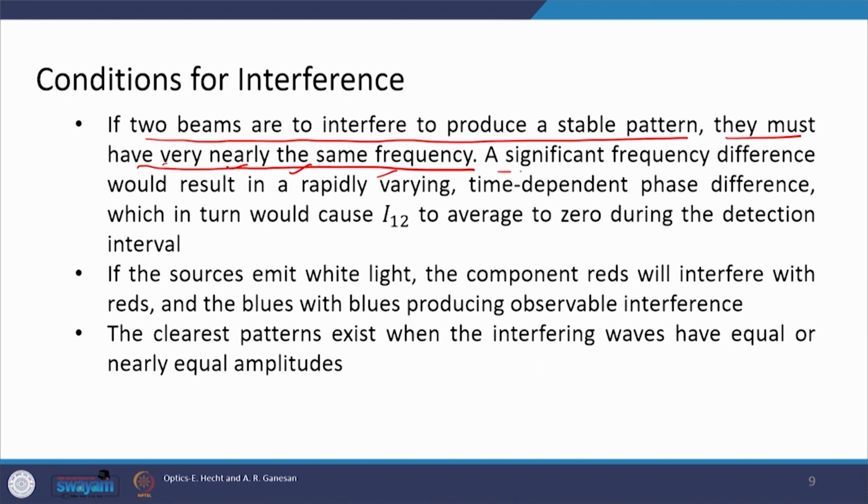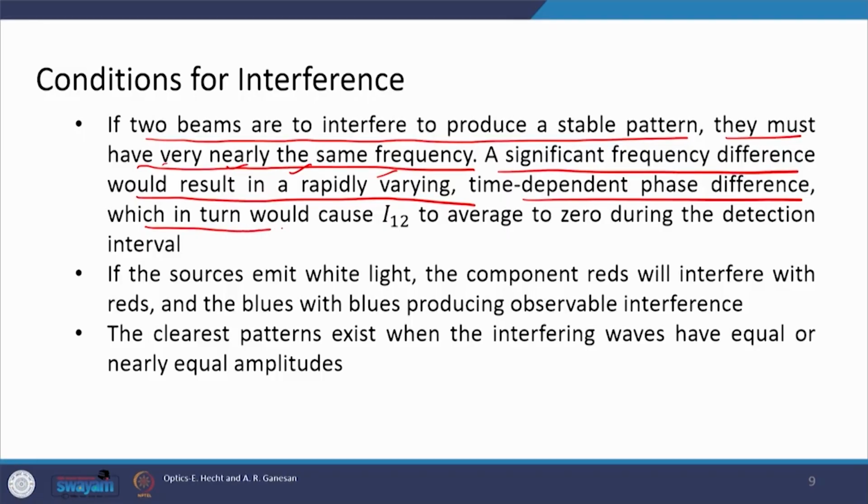Okay. A significant frequency difference would result in a rapidly varying time dependent phase difference. And how would it affect our fringe pattern? If the phase difference is varying very rapidly, then the positions of maxima and minima will vary. And if these positions vary, then if you take the time average, you will see a uniform illumination on the screen.